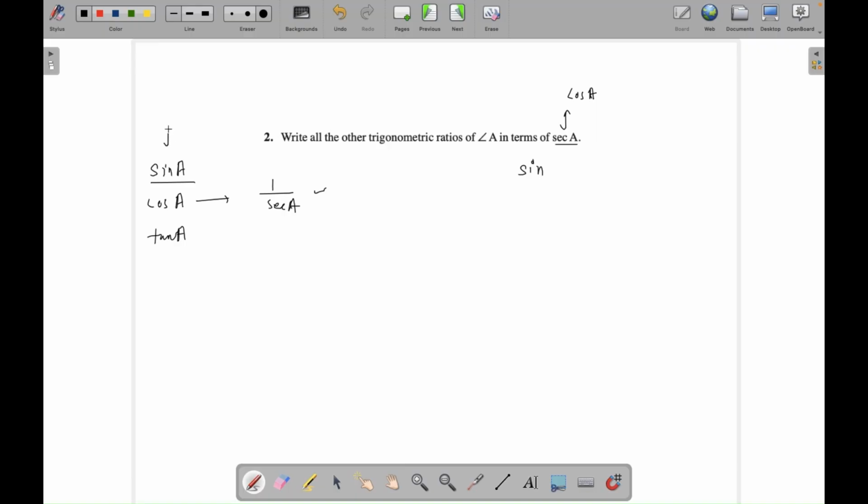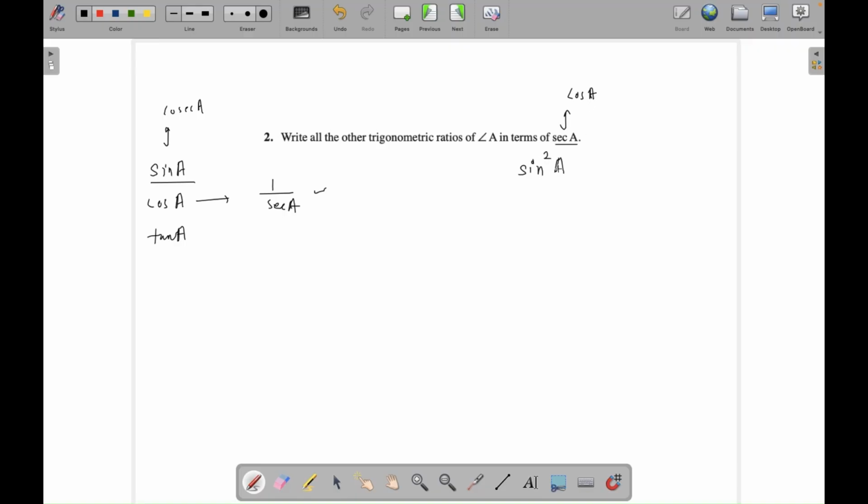So we have to find, you can either find the relation between sine and sec, or sine and cos, or cosec and sec, or cosec and cos. We know that sin A and cos A have a relationship.